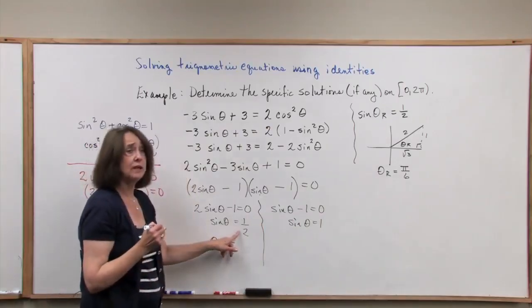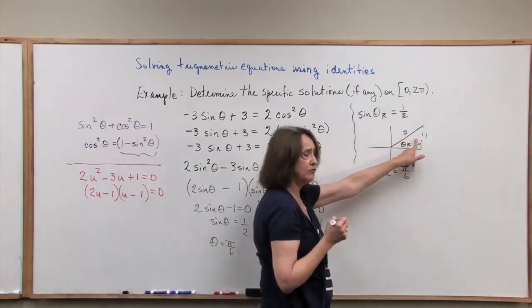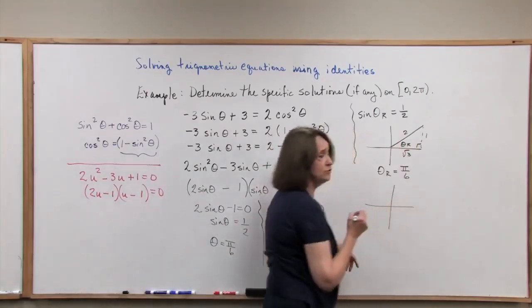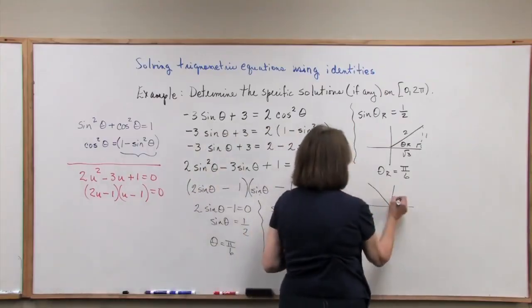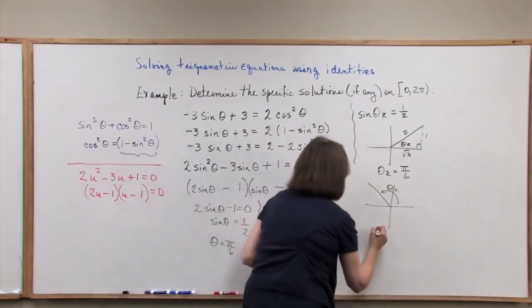Because this ratio is positive, the sine function is positive in quadrant 1, same thing as the reference angle. Which other quadrant is the sine function positive? Well, that's quadrant 2. That will give us a second solution.